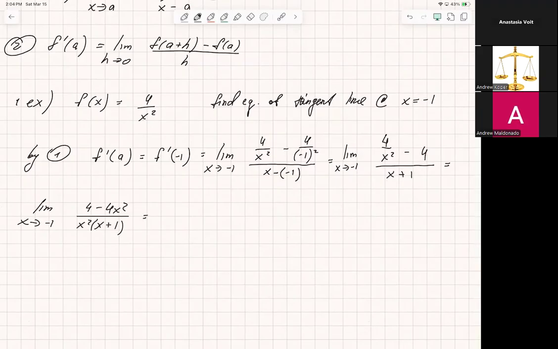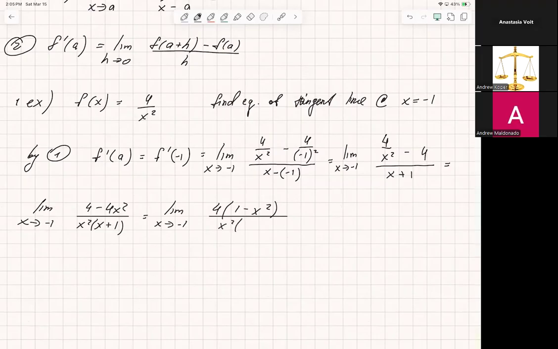And now what we can do is factor out 4 in the numerator. We have the limit as x approaches -1 of 4 times 1 minus x squared. And we also can see that 1 minus x squared can be factored as a difference of squares.